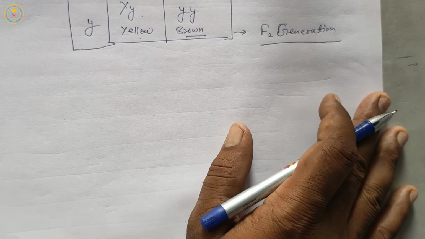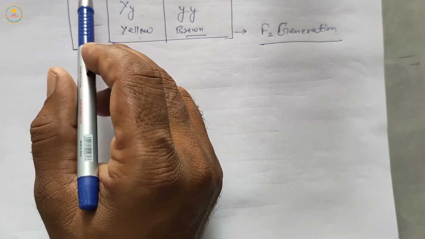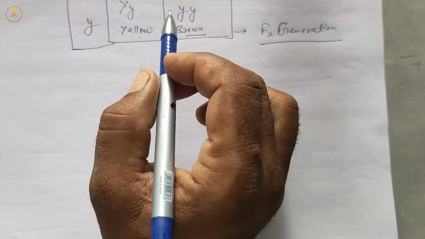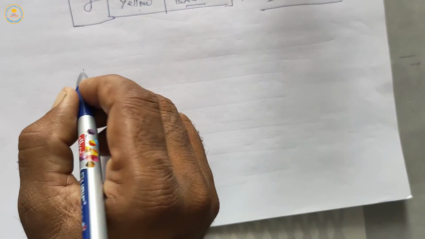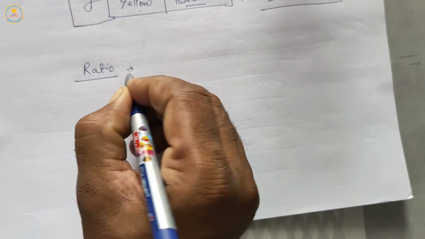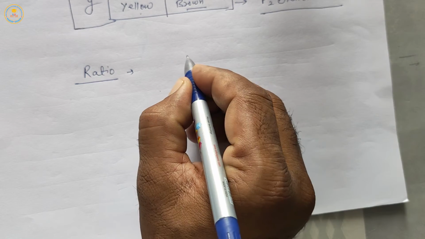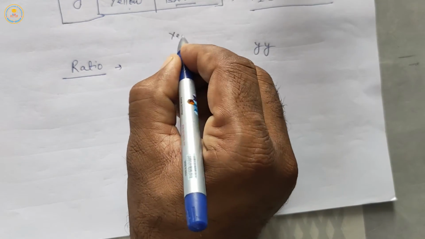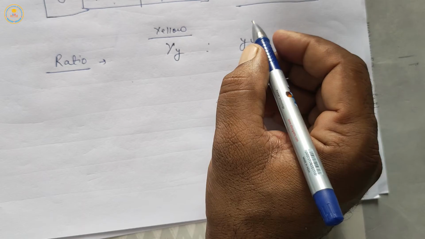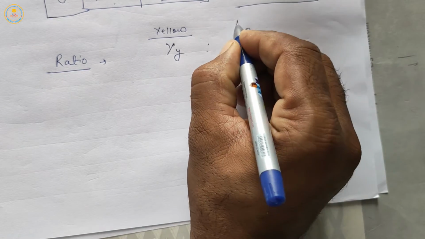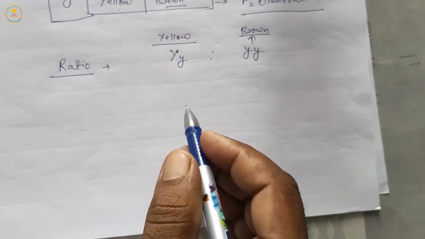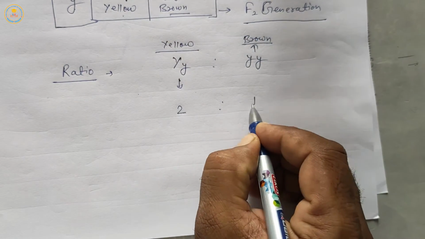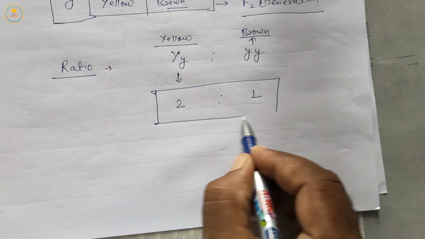But in lethal gene, one mouse died, so only 3 mice are living, so the ratio is different from the law of segregation. Here two mice are yellow skin color, and one is brown skin color, so the ratio is 2:1.